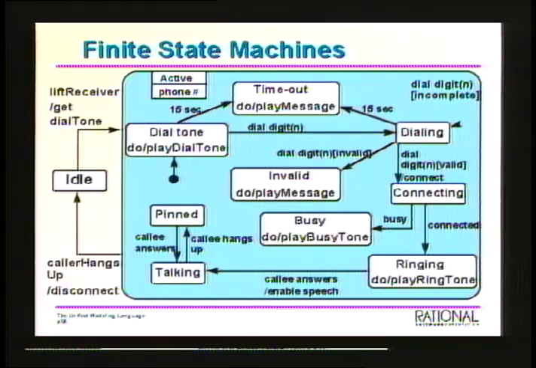For example, this is the state machine for a telephone call, and it can be in different states like dialing or talking or ringing. We can call all of these the more general state called active, and if you hang up the telephone, it doesn't matter which substate you're in, it goes to the disconnected state. So that's exactly the same kind of inheritance that you get with classes.